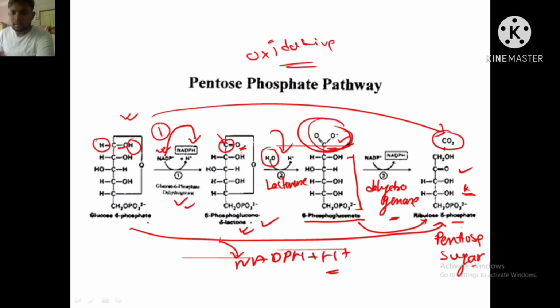Okay, and this now will convert into ribulose 5-phosphate with the help of dehydrogenase enzyme, where carbon dioxide will be removed and the name will be ribulose 5-phosphate.